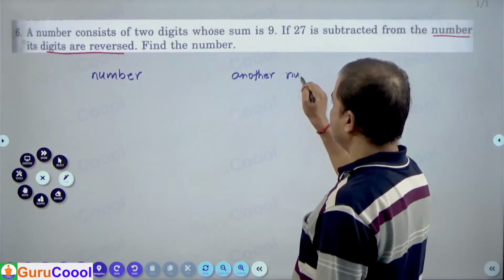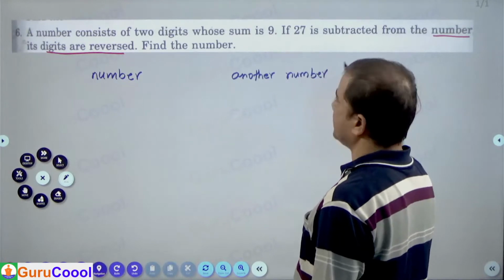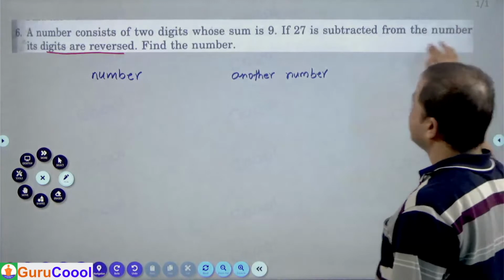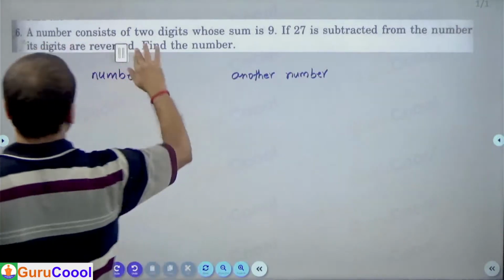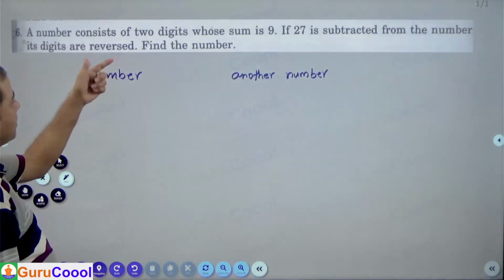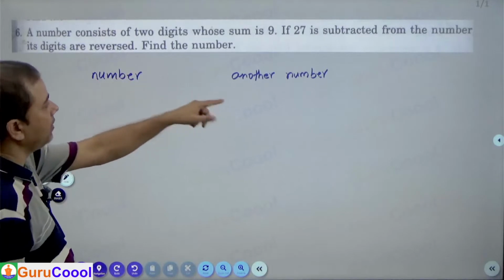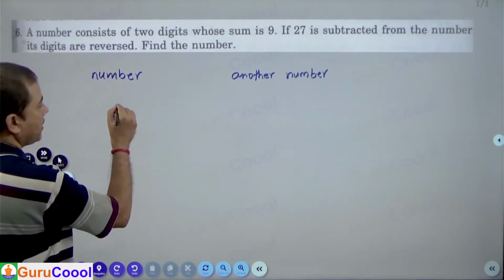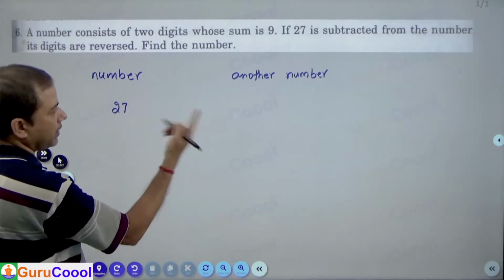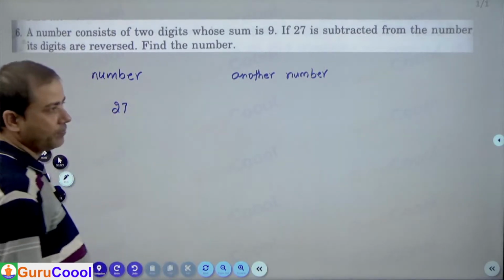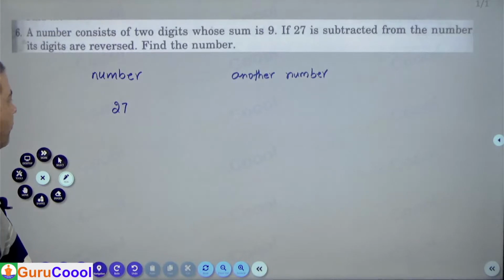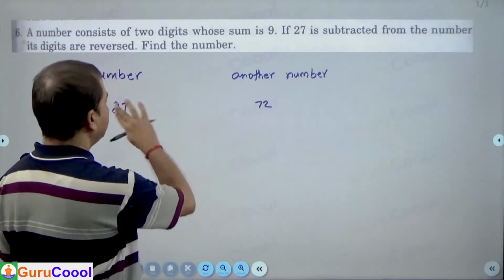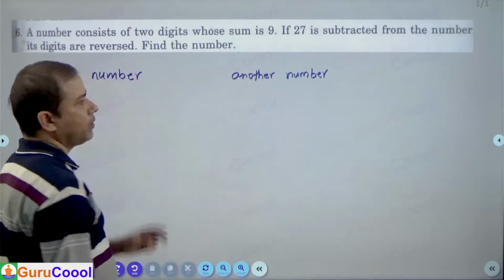This question is talking about 2 numbers. First number original one and second number when the digits are reversed. For example, if the first number is 27, the other number should be 72. Reversing the digits will make another number.